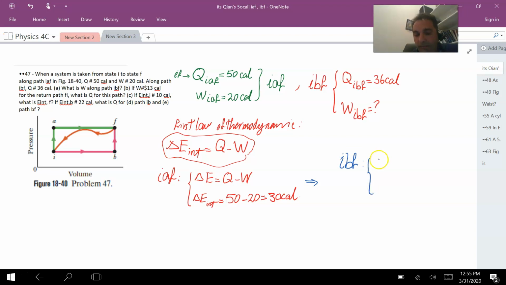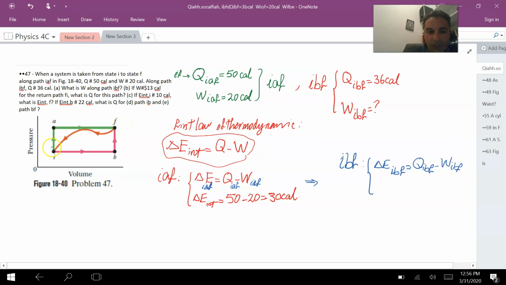For IBF, I can write delta E for IBF is Q IBF minus W IBF. Good. Now, what do I see here?